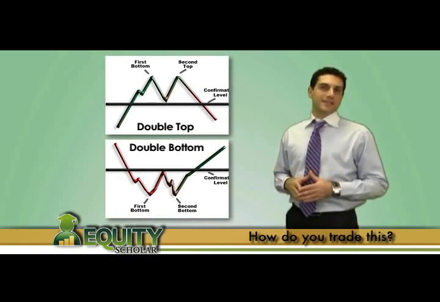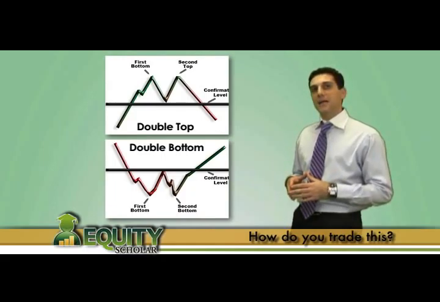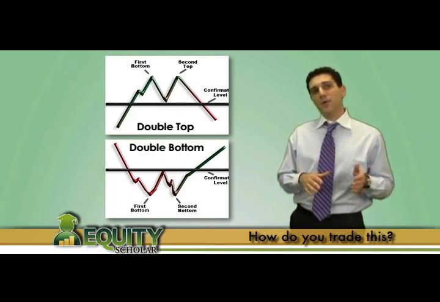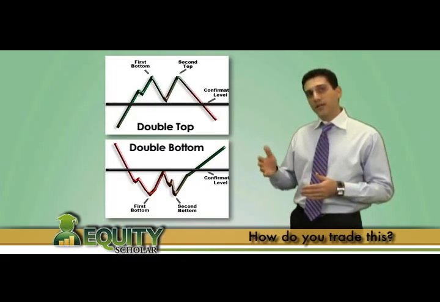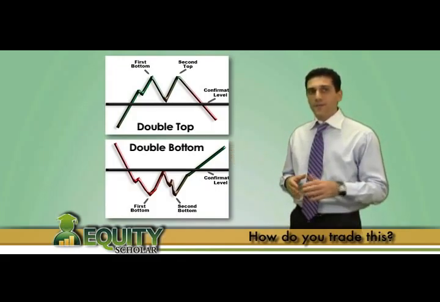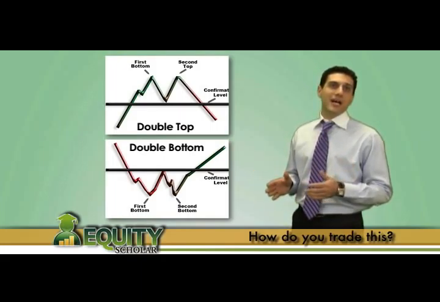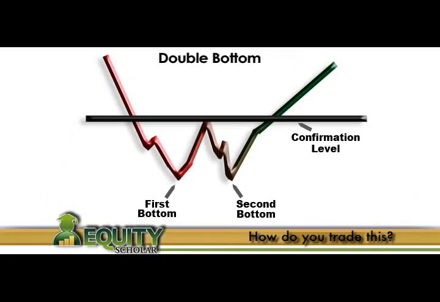So how do you trade this? It is common to see traders capture the move from the second top or bottom to the confirmation level as entry, target, and risk are known. For example, this is accomplished on a double bottom by buying near the low of the first bottom as it starts to reverse, with a stop loss directly below the low of the first bottom, and a sell limit order to exit near the confirmation level as the set target price.